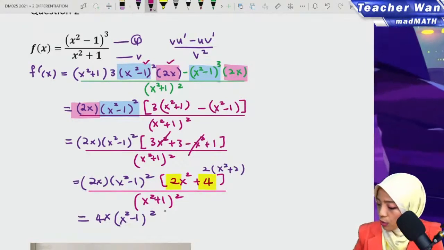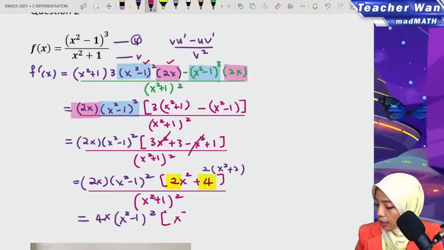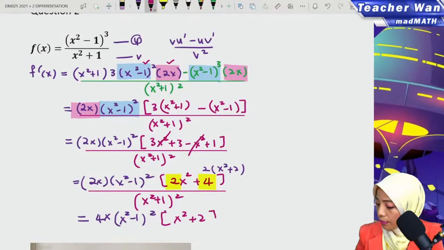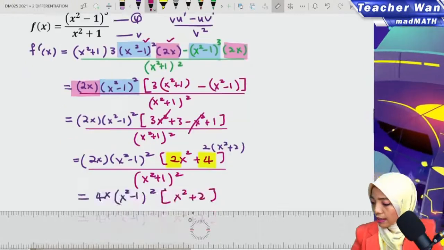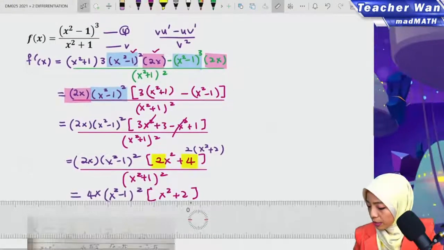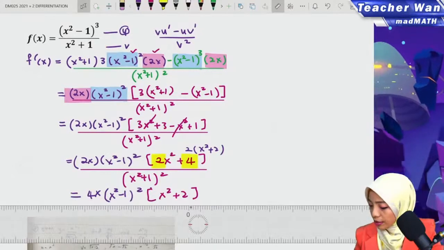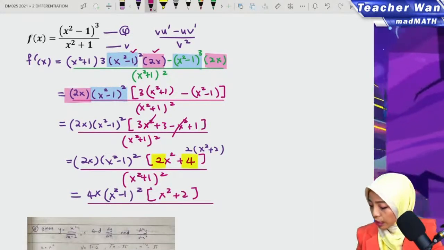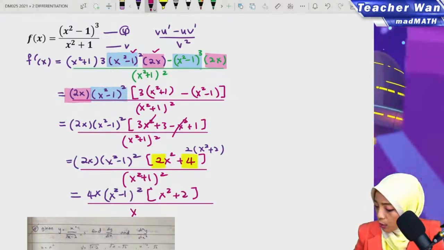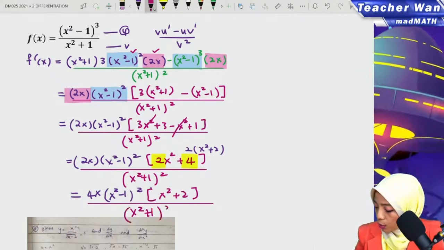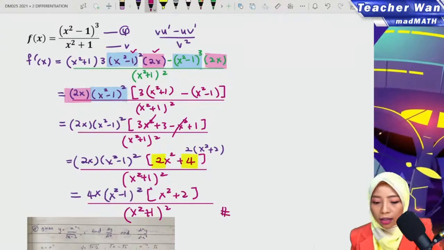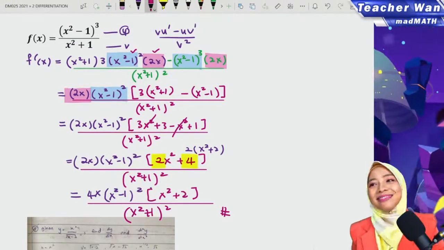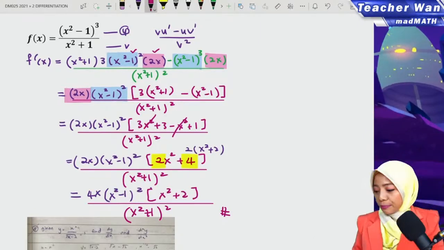The pink color remaining here is x square plus 2, over the last part, x square plus 1 square. Let's see what we get in the final. Maybe you want to screenshot it for your revision also. I think that's about it. So far so good.